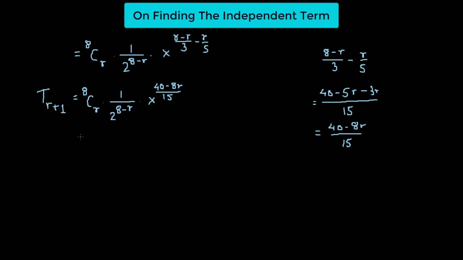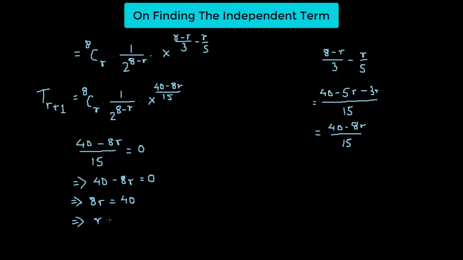Now, in order to find the term independent of x, we let the exponent of x, 40 minus 8r over 15, equal to 0, which will give us 40 minus 8r equals 0 times 15, which is simply 0, which implies 8r equals 40, which gives r equal to 40 over 8, which is 5. So this is the value of r.